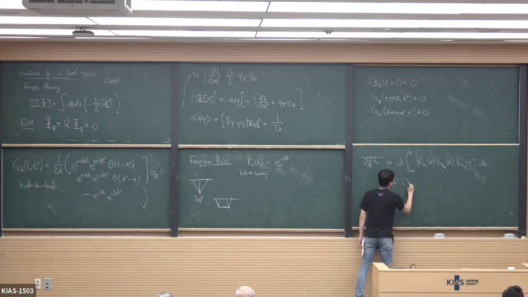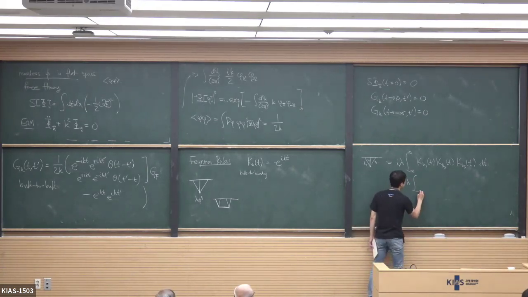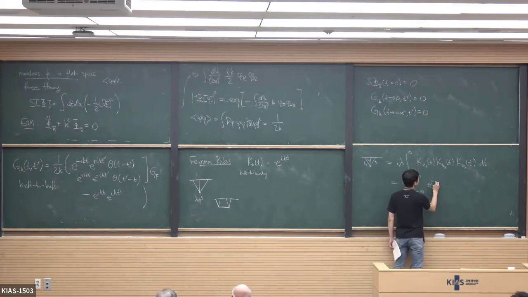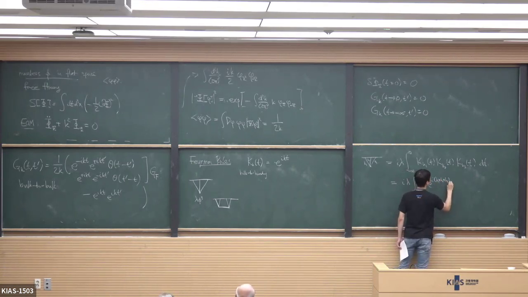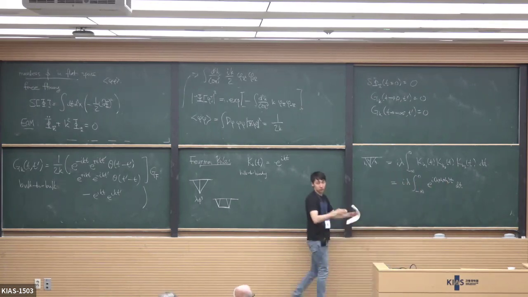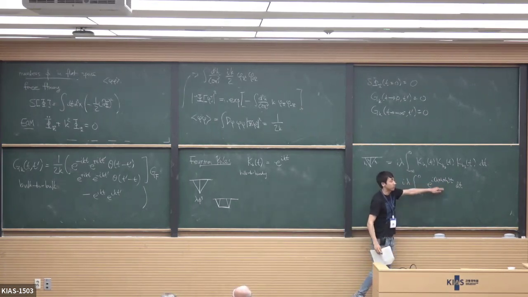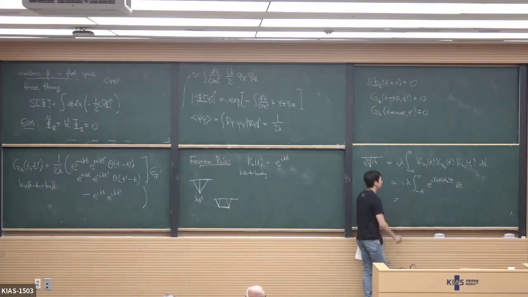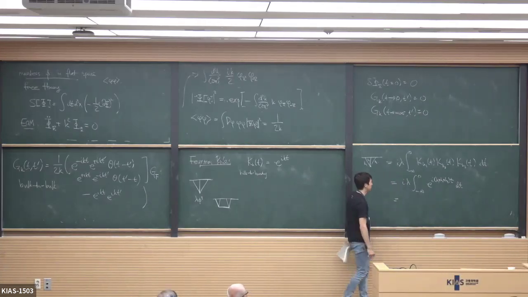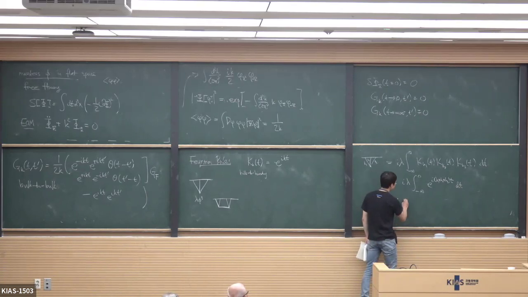This product of plane waves will turn into this form. It's just the product of plane waves, so the exponents combine in this simple way. And this is an integral you can do by hand.